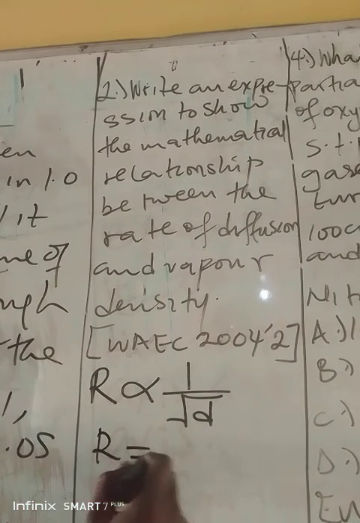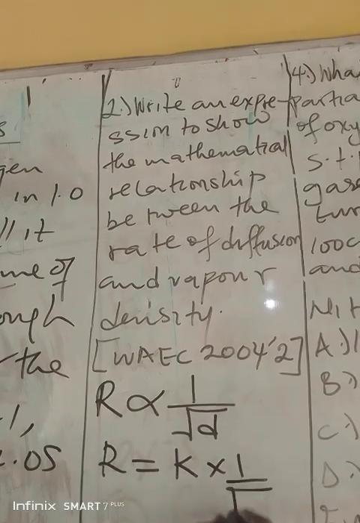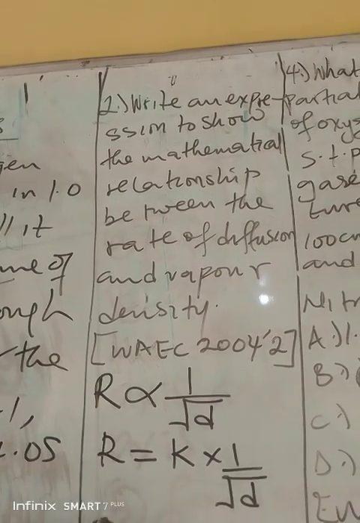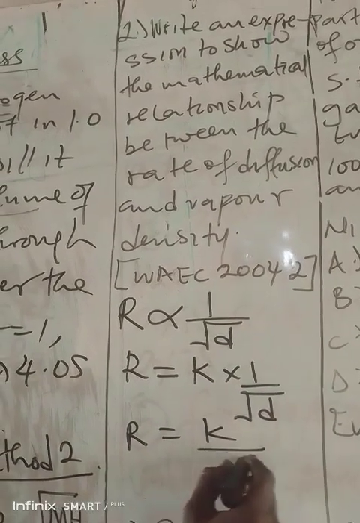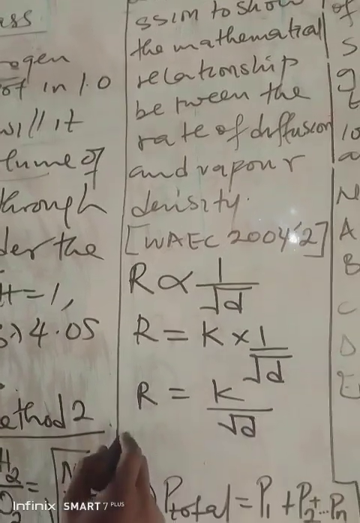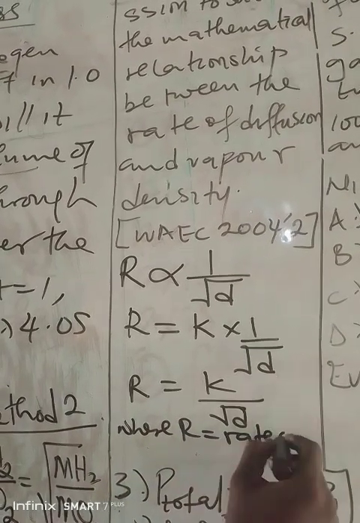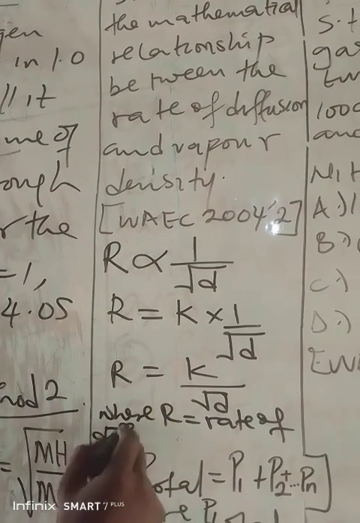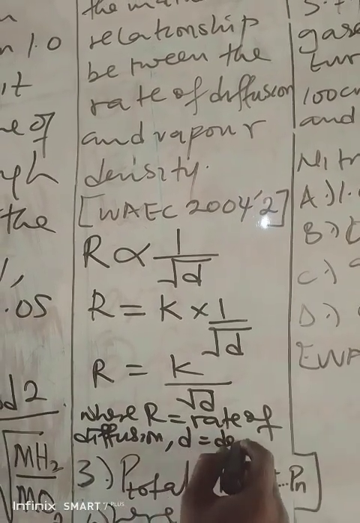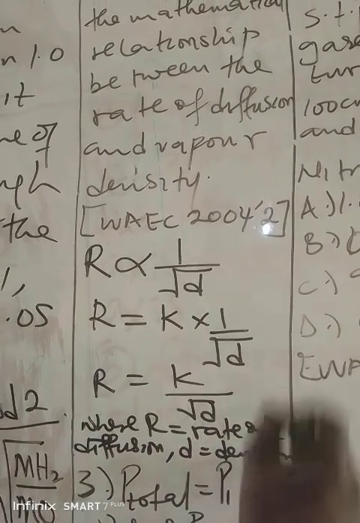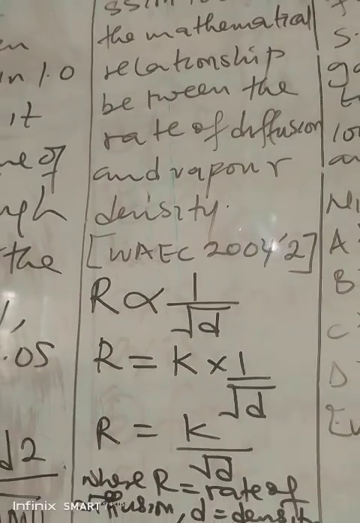I replace the proportionality sign with an equality sign and introduce a constant K, so R equals K over the square root of D, where R is the rate of diffusion and D is the density of the gas. So that is what they ask you to do.